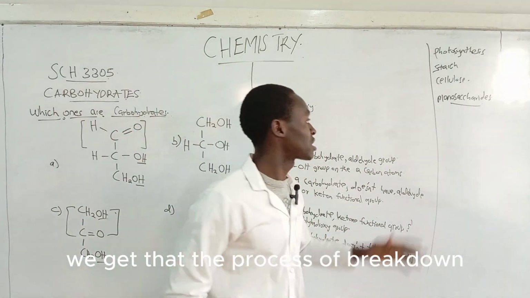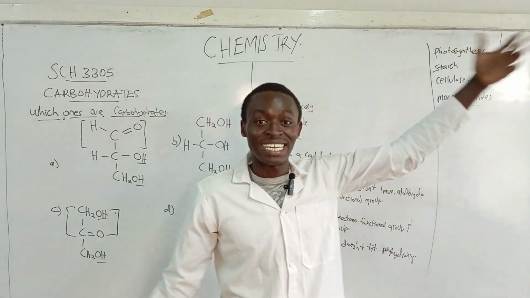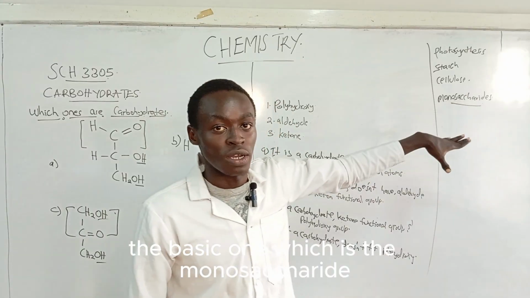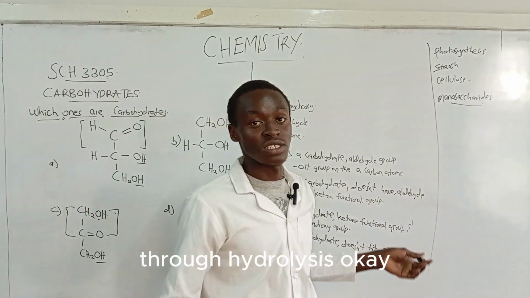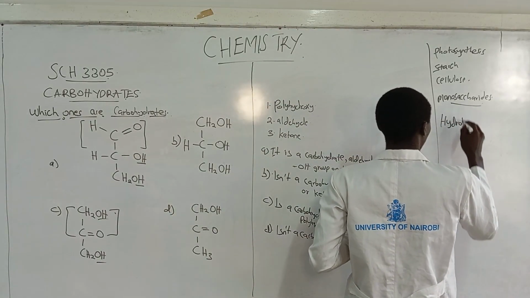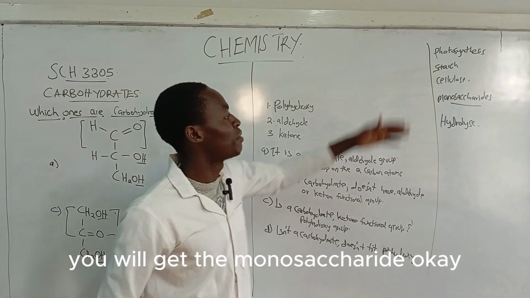We'll also learn the process of breakdown: once a polysaccharide, trisaccharide, or disaccharide has been formed, it can be broken down to get the basic one, the monosaccharide. This process is known as hydrolysis. When you hydrolyze the polysaccharide, you get the monosaccharide.